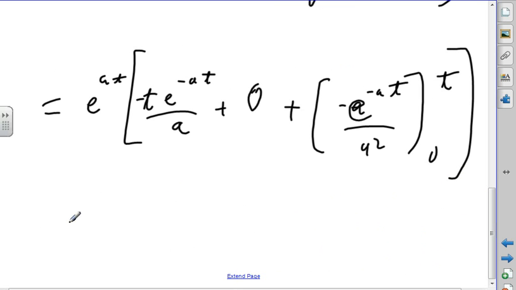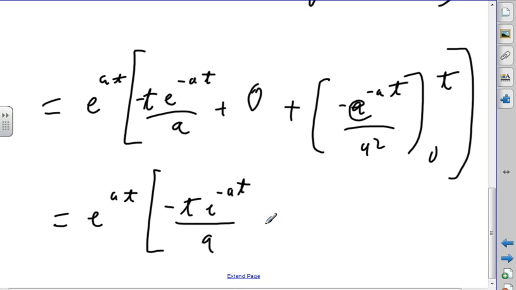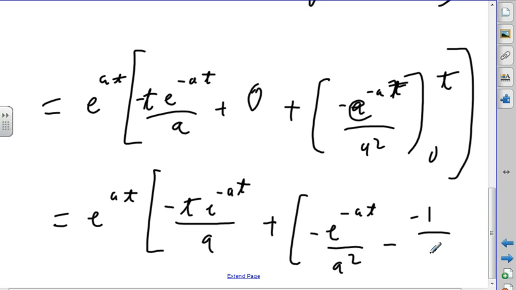And then I got e to the a t minus t e to the minus a t over a plus, I put in a t, and that's a tau sitting there, so I better keep it tau. I'm going to put in a t, and I get minus e to the minus a t over a squared minus, I put a 0 over there, 1 over minus 1 over a squared.